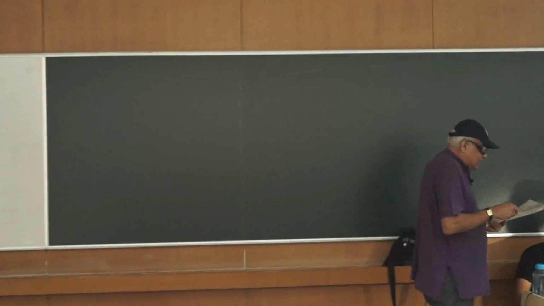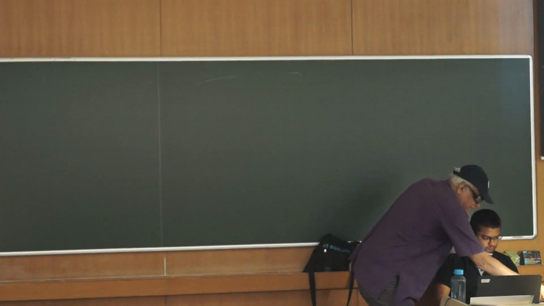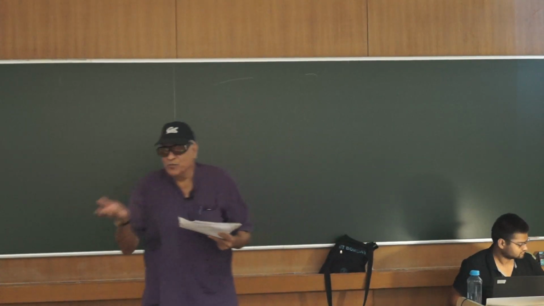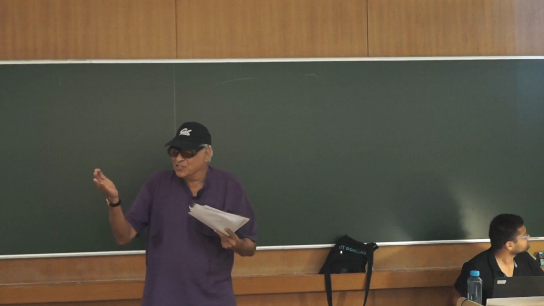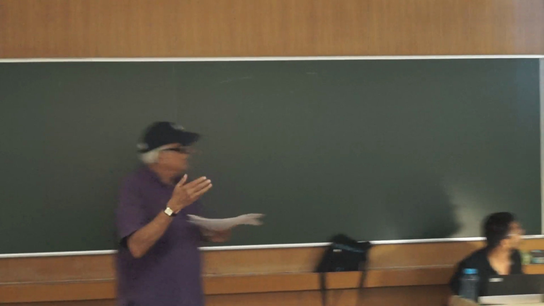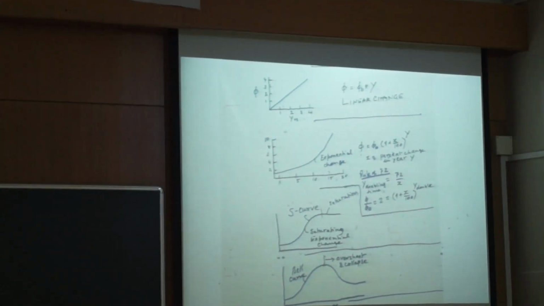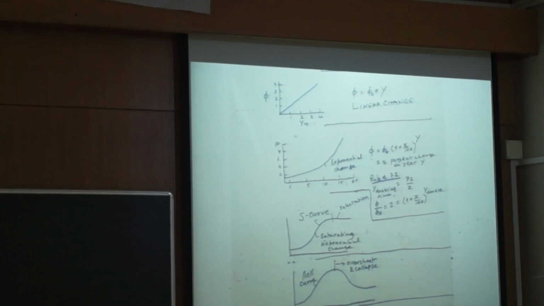But these changes, in system science, you must have been told, can be linear, they can be exponential, they can be an S-curve, rising and then reaching a plateau.